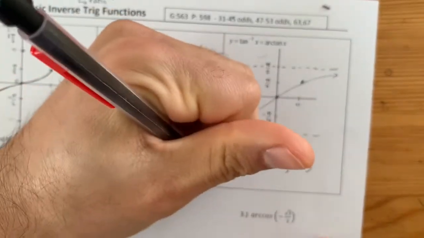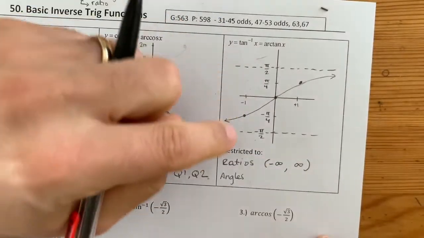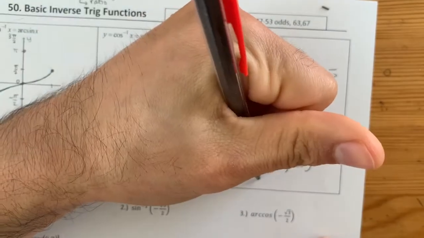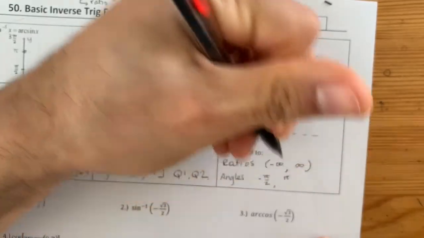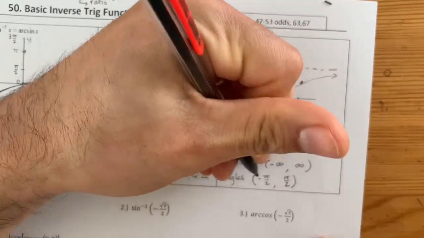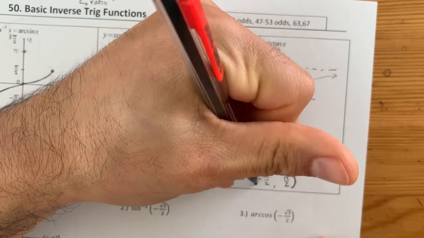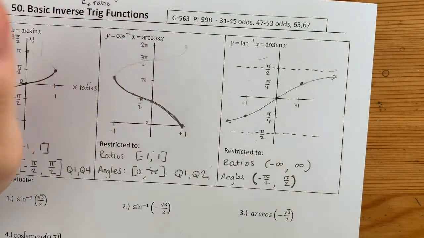And then the angles are limited to anything from the lowest, negative pi over 2, to pi over 2 at the highest angle. Now I'm putting parentheses on these because there are dotted lines here as the asymptotes.